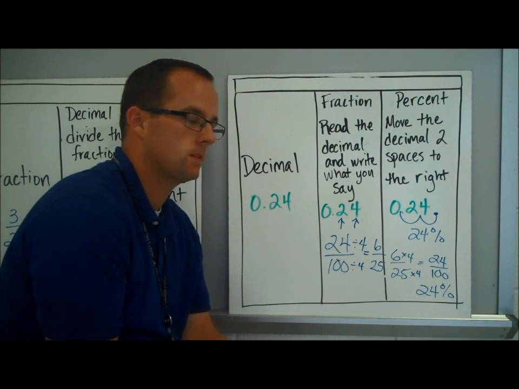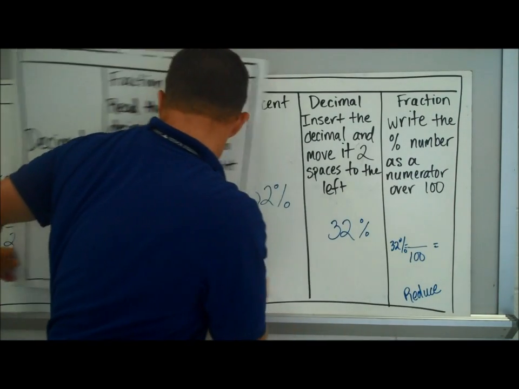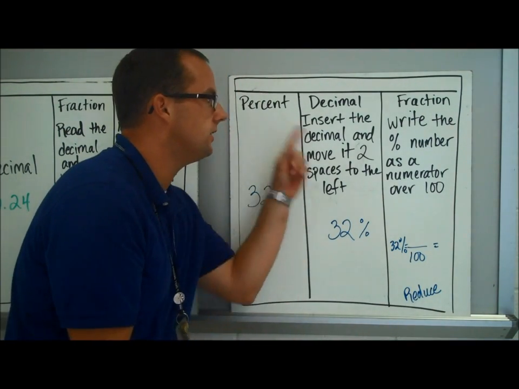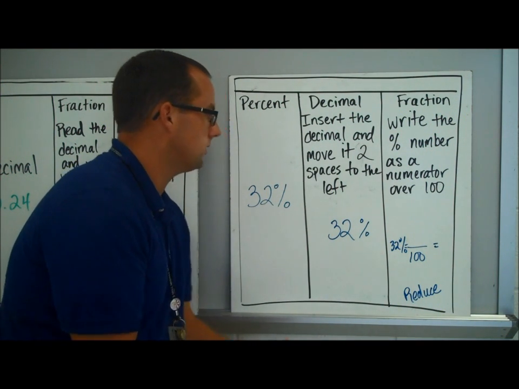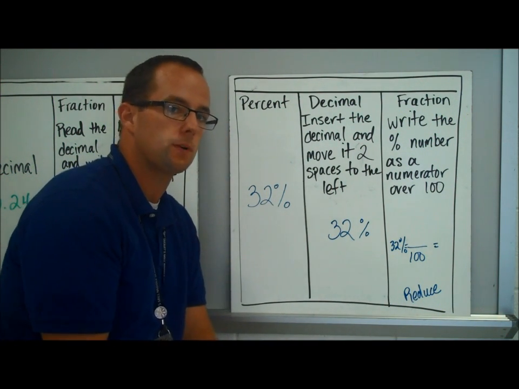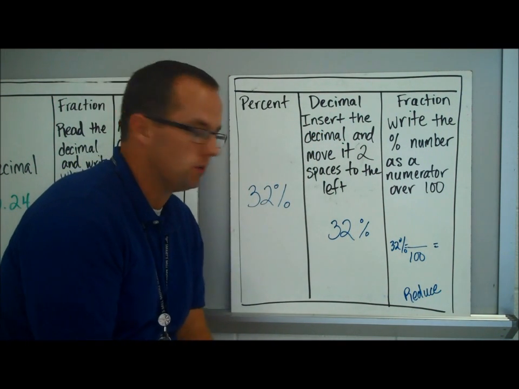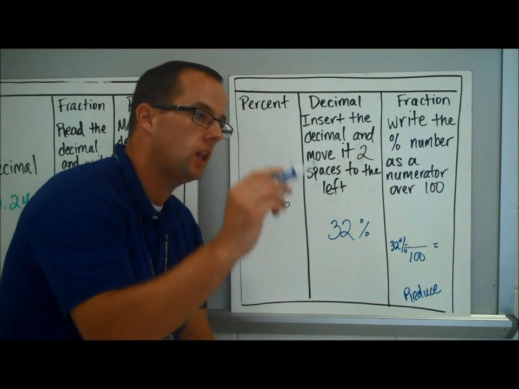Okay? Moving on, this is the last example. What if you're given the percent and you need to turn it into a decimal and then into a fraction? Well, there's lots of ways to look at it. Let's say we're given 32%. All we have to do is insert a decimal and then move that decimal 2 spaces to the left.